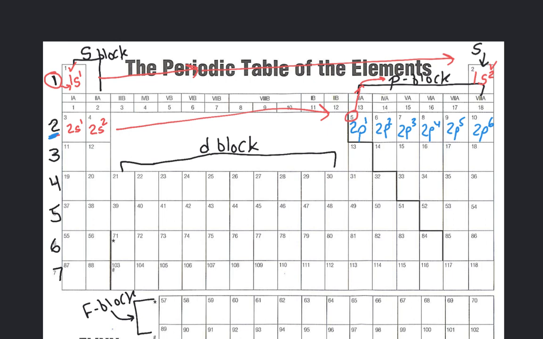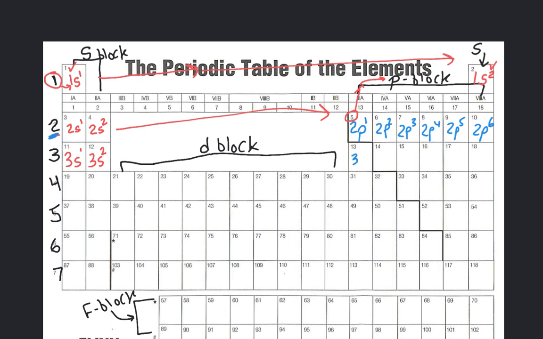And then we're going to go down here to row 3. And we're back in the S block. So it's a 3S1 and a 3S2. And then we're going to head over, empty space here. We're going to head over to element 13. That'll be 3.